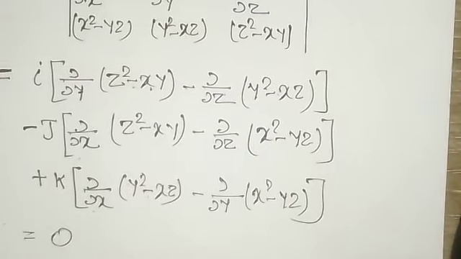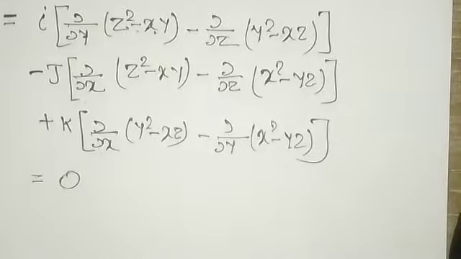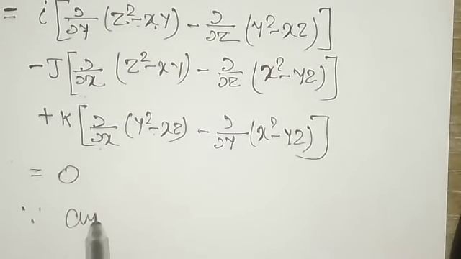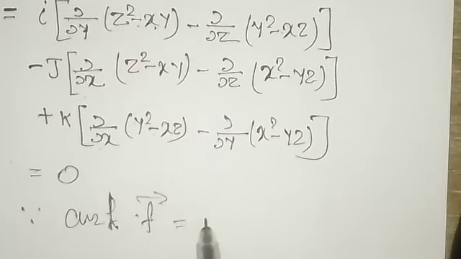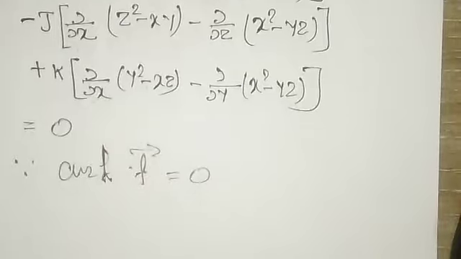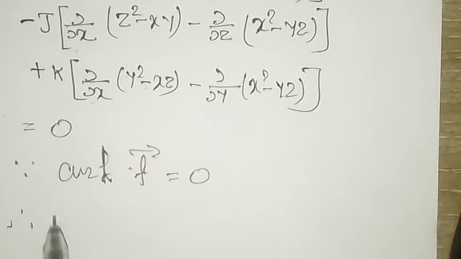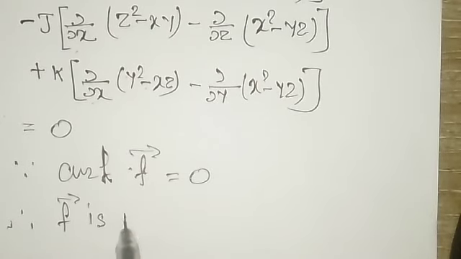So we got it. Next we can say that since the curl of vector F is equal to 0, therefore vector F is irrotational.